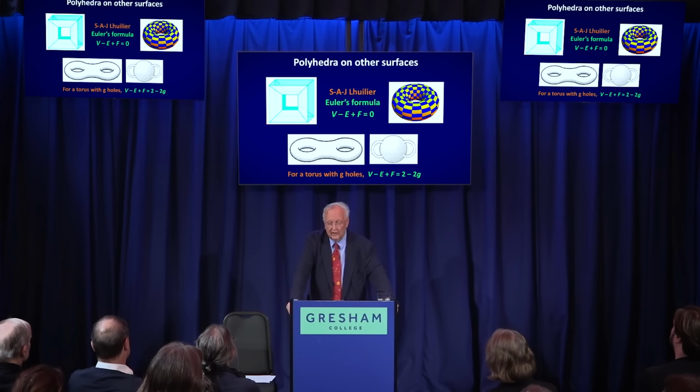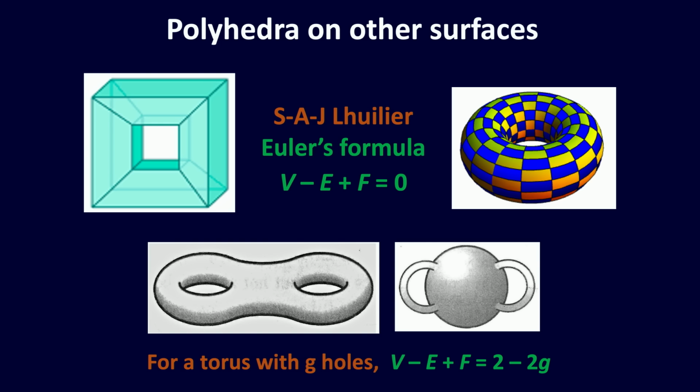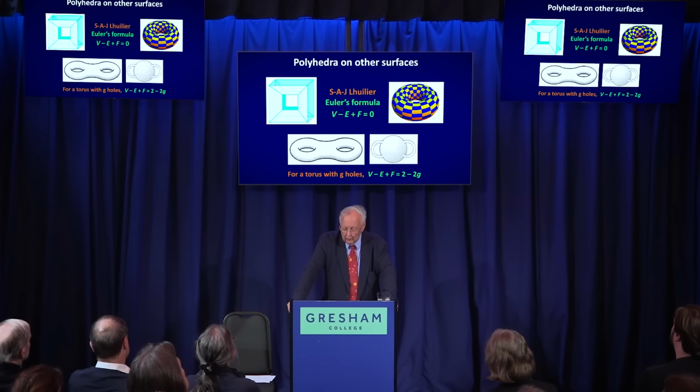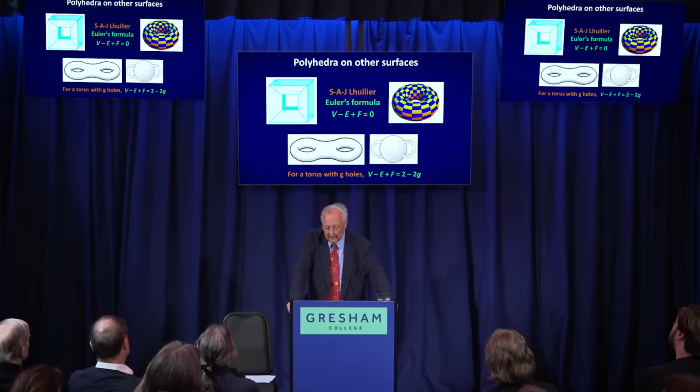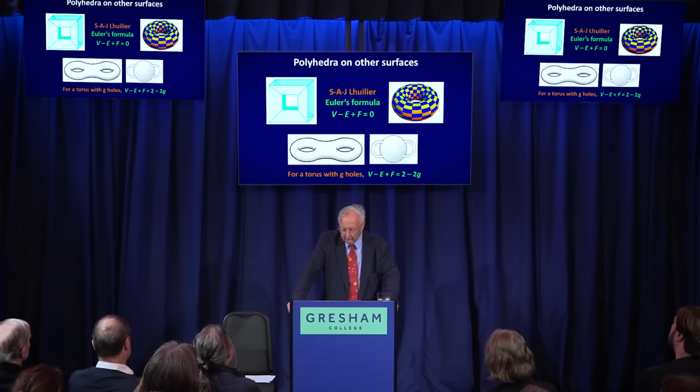Another way of saying this is that for a surface with g holes in it, or equivalently a sphere with g handles attached to it, Euler's formula becomes V minus E plus F equals 2 minus 2g. So for polyhedra on these two-hole surfaces shown, it's minus 2. And appropriately, the number 2 minus 2g that appears here is now called the Euler characteristic of the surface.